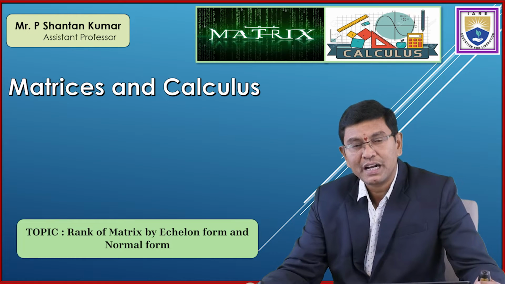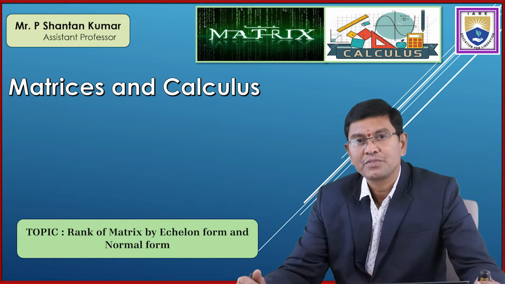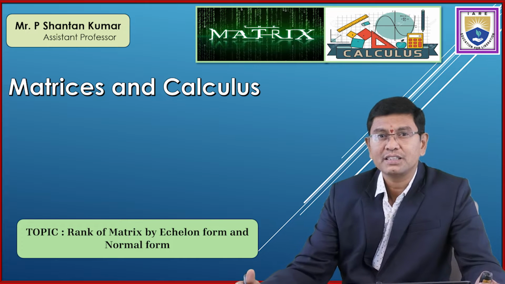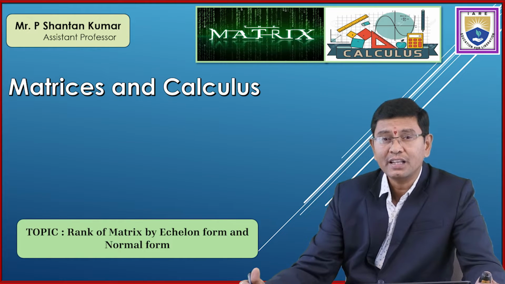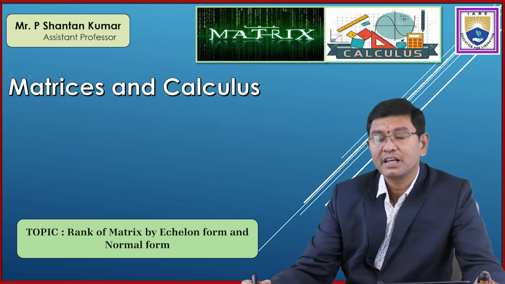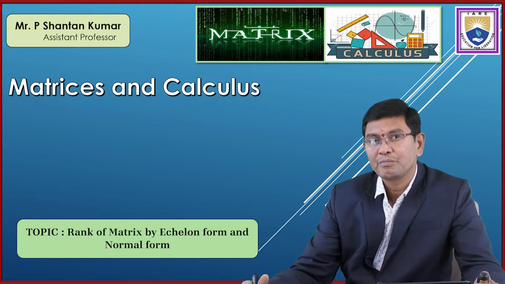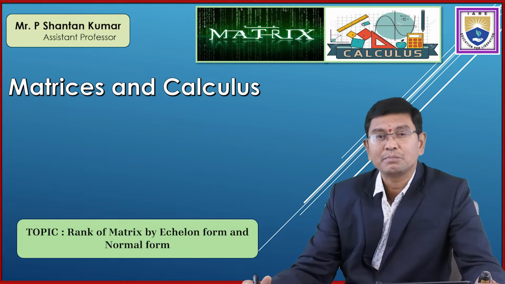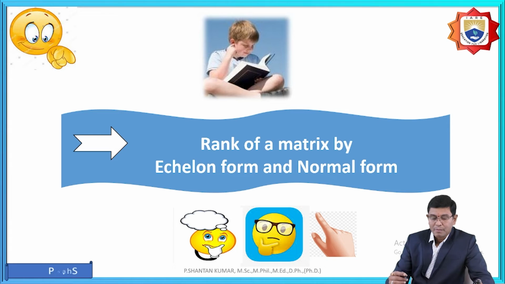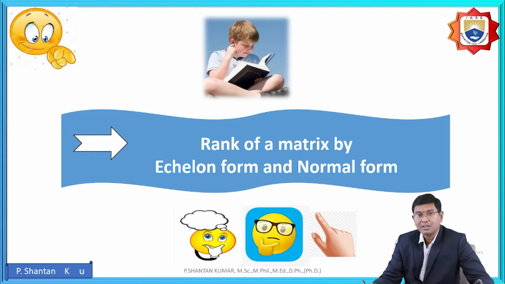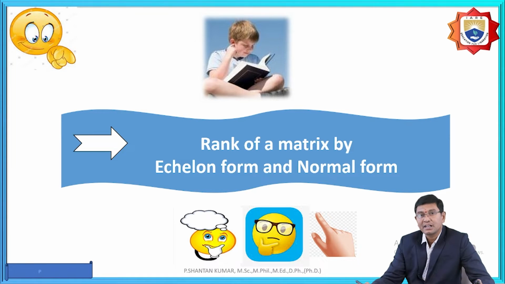Subject is matrices and calculus. The topic we are going to discuss is how to find the rank of a matrix by using Echelon form and normal form. We know that many different methods are there to find the rank of a matrix, generally by using the determinant process, the Echelon form and the normal form, and the Gauss-Jordan method also.